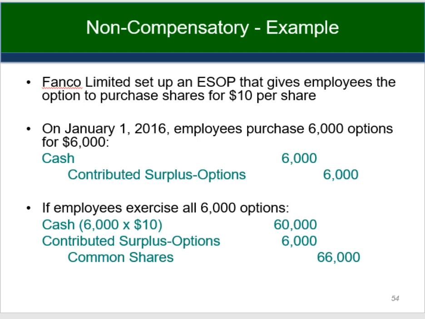Haven't actually bought any shares yet, so this is just contributed surplus. If all of the employees exercise all of their options, then we're going to get another $60,000 in cash. The contributed surplus for the options goes away because it's no longer available, but common shares would go up by $66,000, the value of the cash for the premium and the cash for the actual issue of the shares.